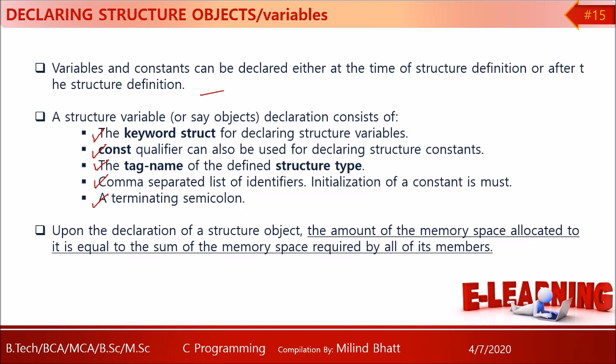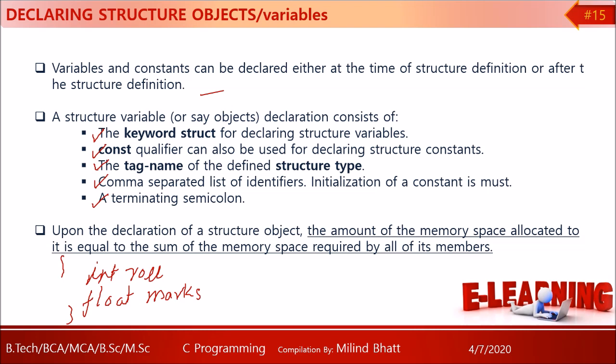Upon declaration of a structure object, the amount of memory space allocated to it is equal to the sum of memory space required by all the members. Say I have two members, one is integer roll number and a second one is float marks.